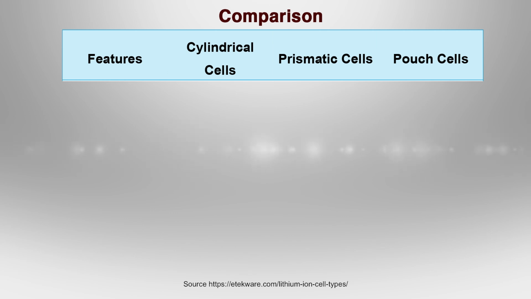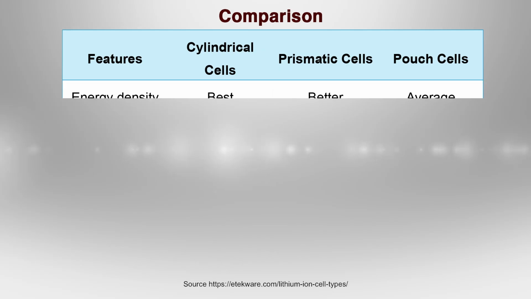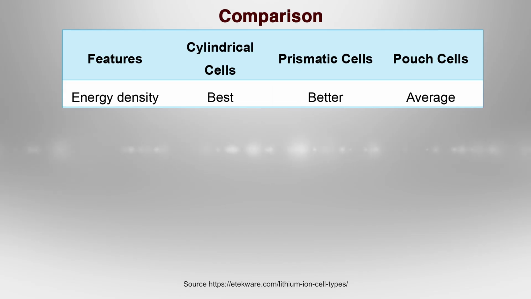Here the three battery cells are compared on the basis of various features. Let us understand with respect to the energy density. With respect to energy density, the cylindrical cells are better than the pouch cell. However, prismatic cells have the better energy density compared to other battery cells.